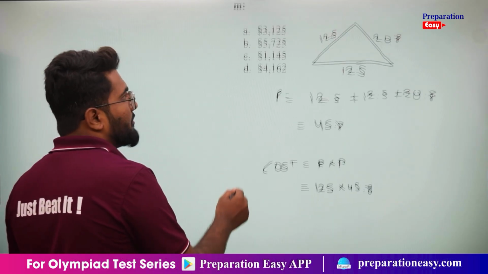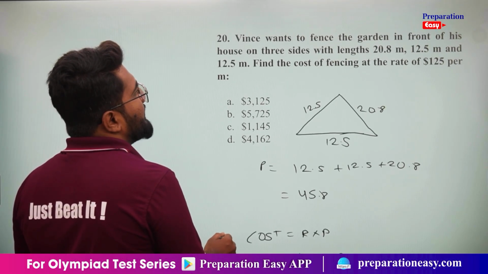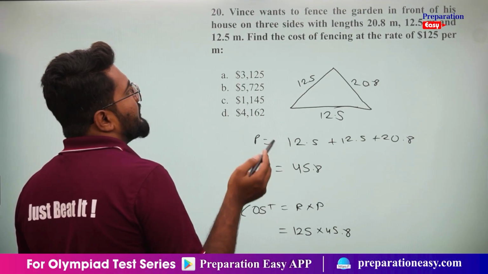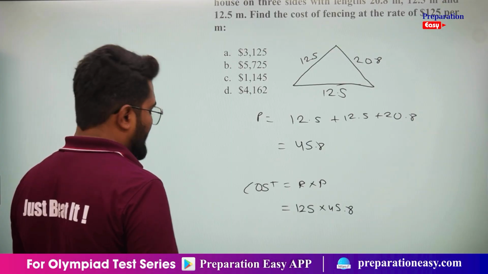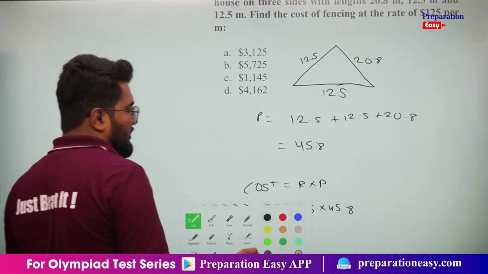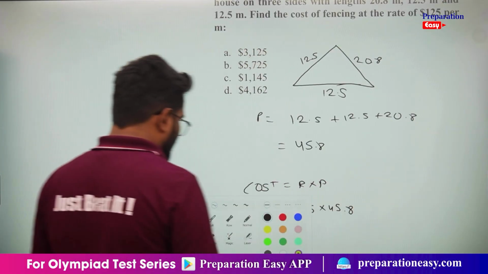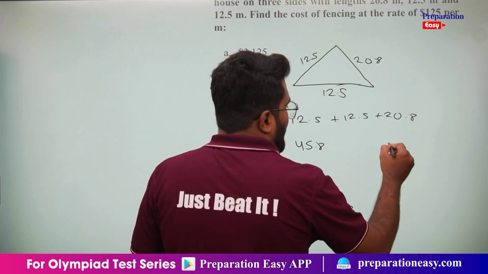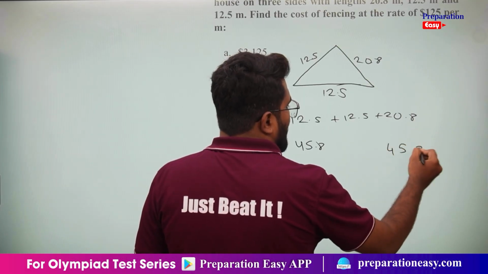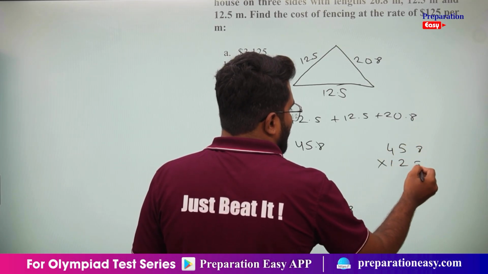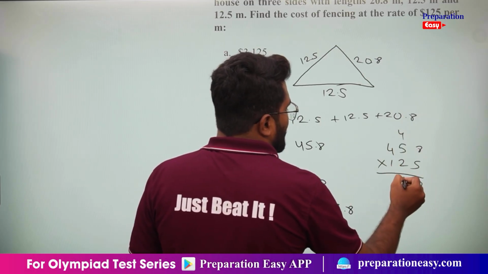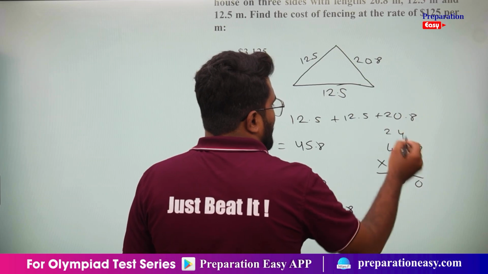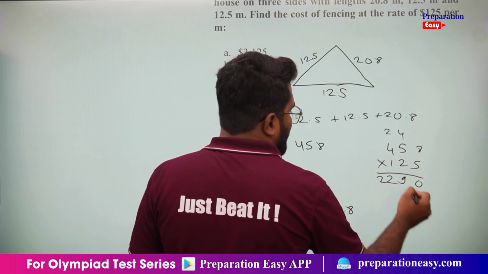We have to do multiplication. 458 multiplied by 125. So 5 8s are 40, 0 carry 4, 5 5s are 25 plus 4, 29, 9 carry 2, 5 4s are 20, 22.